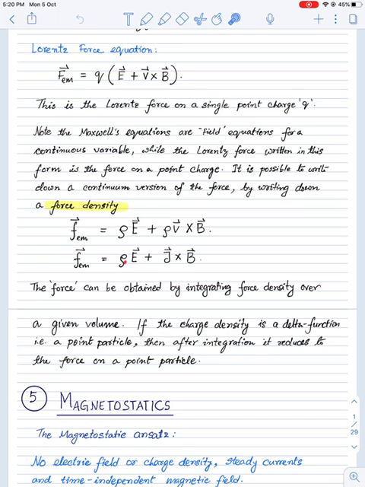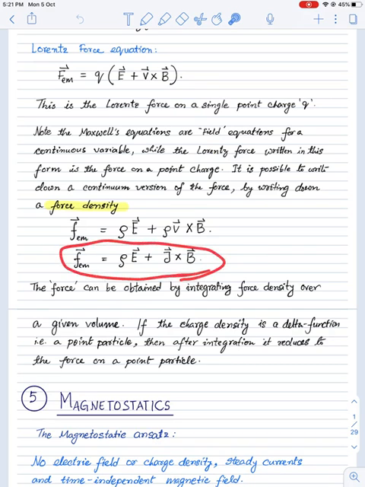Okay, so in fact, if the current density and the charge density are given by delta functions, and we do that integration over some volume which contains a single moving charge, then we can immediately get back the original Lorentz force equation, because the delta function clicks only at the location of the charge.